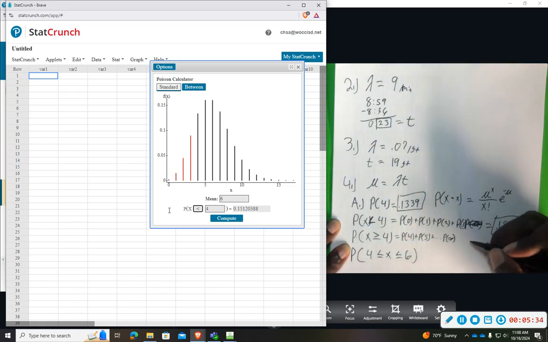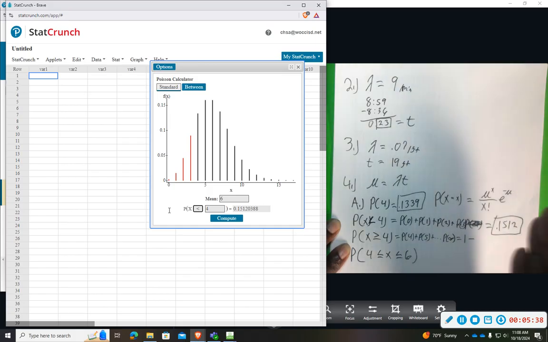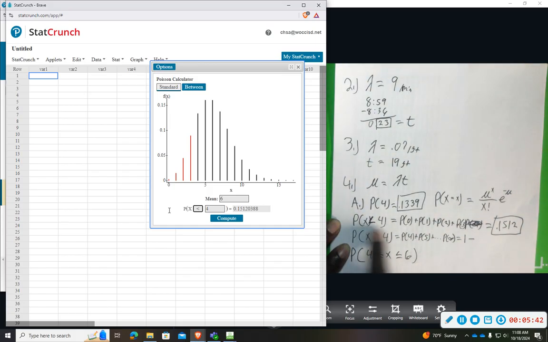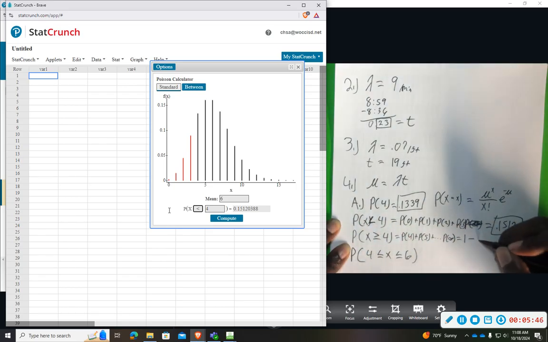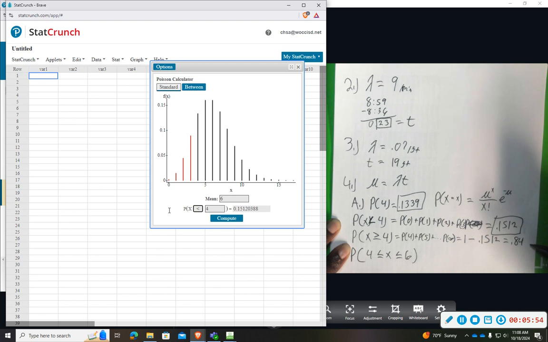So what happens is we just do 1 minus the opposite. Instead of going 4 and above, we can do 1 minus less than 4, which will be 3, 2, 1, 0. This number right here will give you 0.1512. So 1 minus that will give you 0.8488.